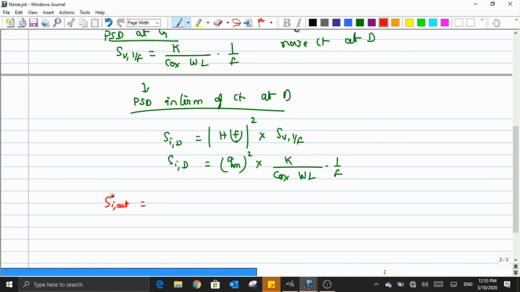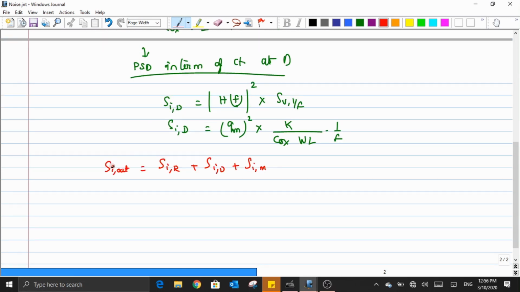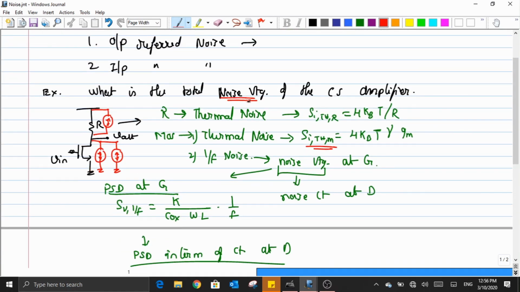So the power spectral density at the output is nothing but the summation of the power spectral density of the resistor plus the power spectral density of the flicker noise plus the power spectral density of our MOSFET. I've just removed the suffix of 1/f and thermal. That is fine. Now I have the power spectral density of the total current at the output port, but what was asked is in terms of noise voltage. So how will I convert this current into a voltage?